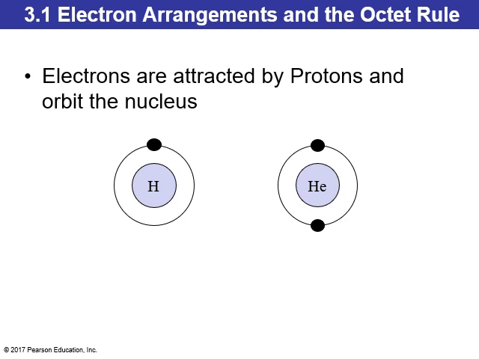The hydrogen nucleus has a single proton, and so it can attract a single electron. The helium nucleus has 2 protons, and so it can attract 2 electrons. And these electrons are going to orbit around in this energy level, and this energy level we're going to call a shell.